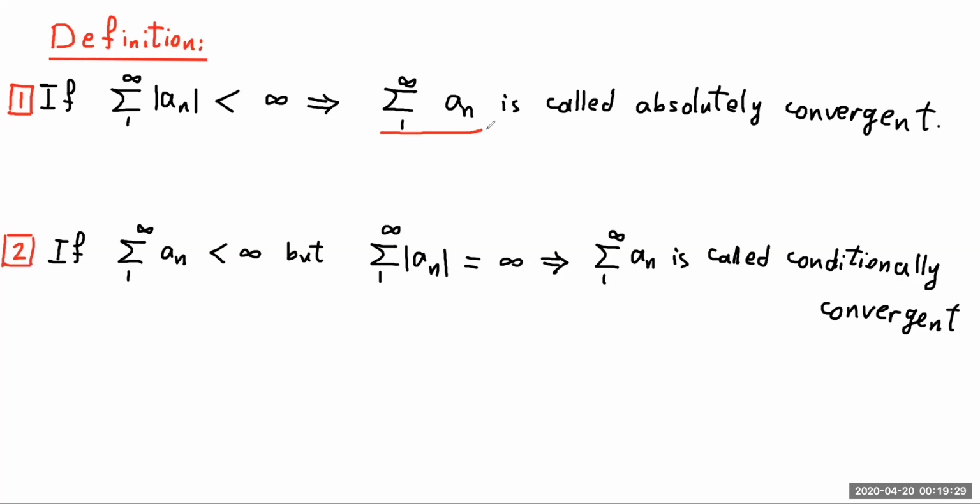Now, it could be that this one converges, but this one diverges. It's possible that this sigma is a number and this is infinity. In this case, I will say this series sigma AN converges conditionally, not absolutely.